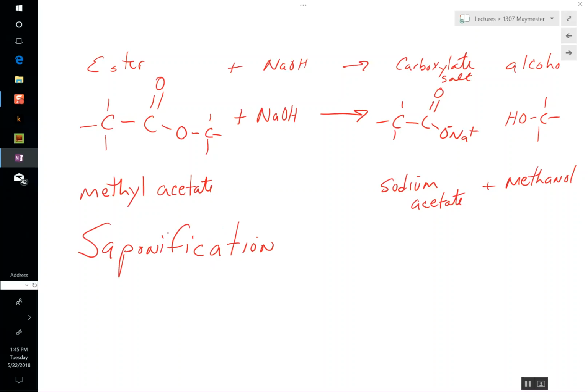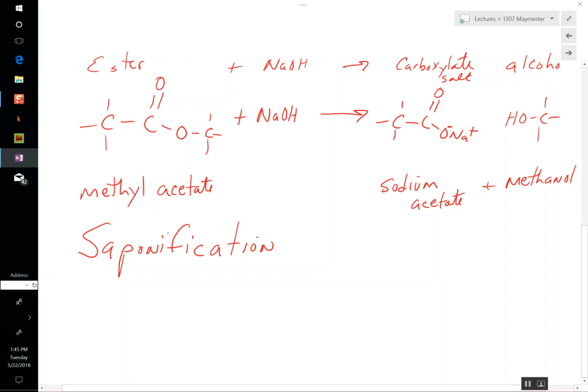All right, before I show you this next slide, which goes a little bit deeper and is fairly complicated with the triglyceride, let's do this last reaction. You see saponification? Sometimes it's referred to as base hydrolysis. Think of it as a reaction of an ester with a base.